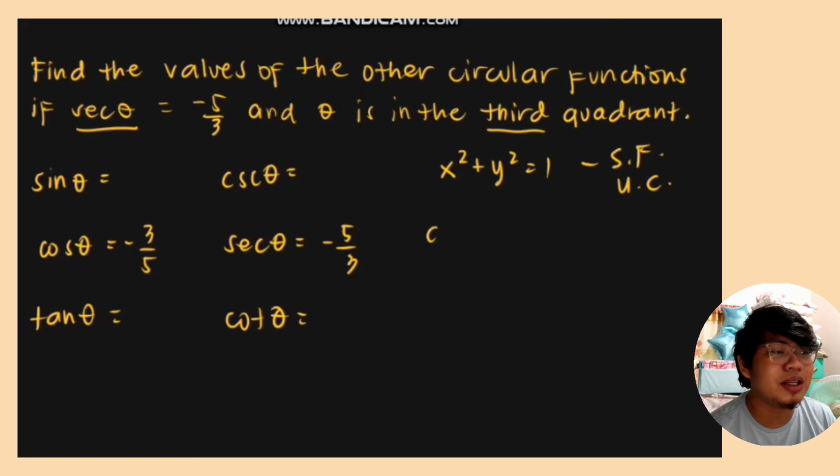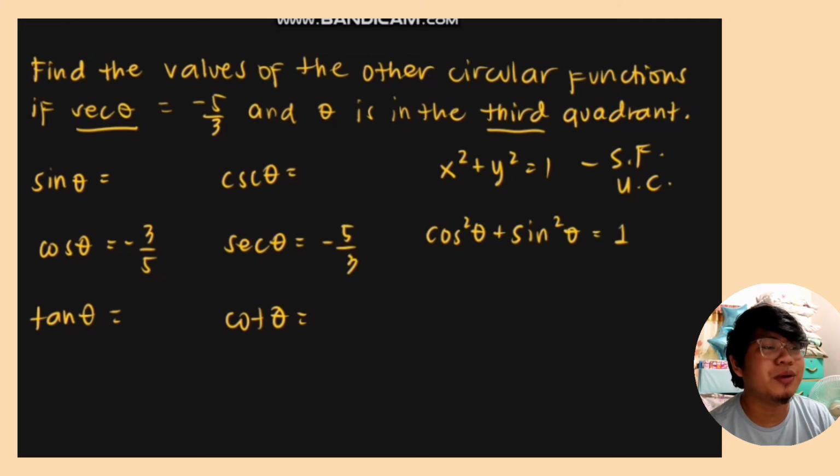So, pwede natin sabihin that this is cosine squared theta plus y squared equals 1. Sorry, the value of y is sin theta, di ba? So, cosine squared theta plus sin squared theta equals 1. So, ganyan na yung ating bagong standard form.